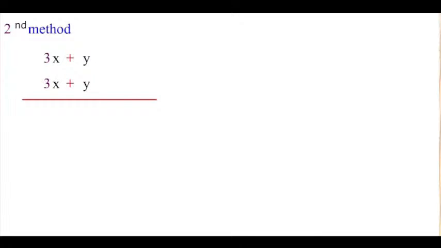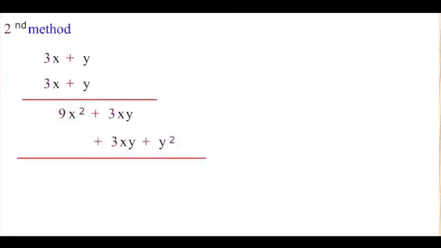3x times 3x equals 9x squared. 3x times y equals 3xy. And y times 3x equals 3xy. And then y times y equals y squared. Then by adding, we have 9x squared plus 6xy (3xy plus 3xy) plus y squared.